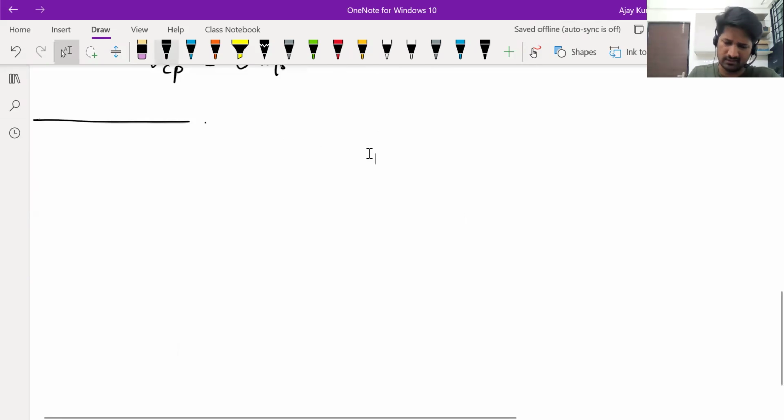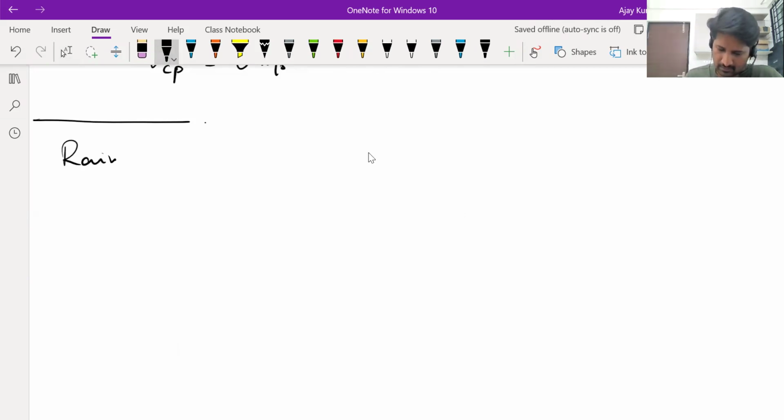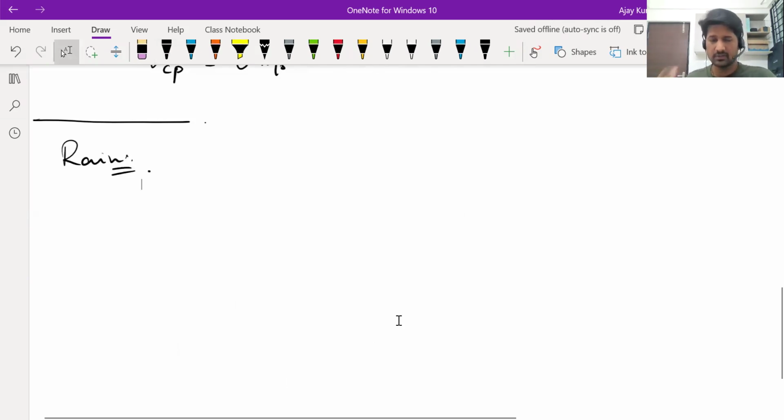Okay, fine. That is enough visualization. Consider something like this. Let's say there are raindrops falling vertically downward. I'll just copy an image. Just a moment.